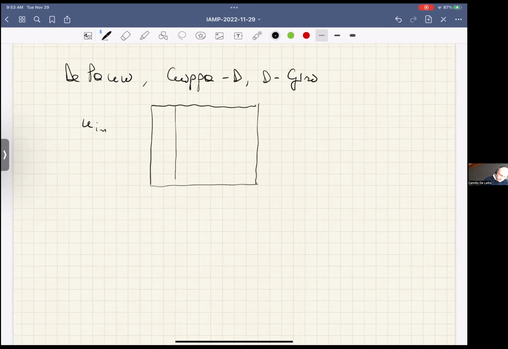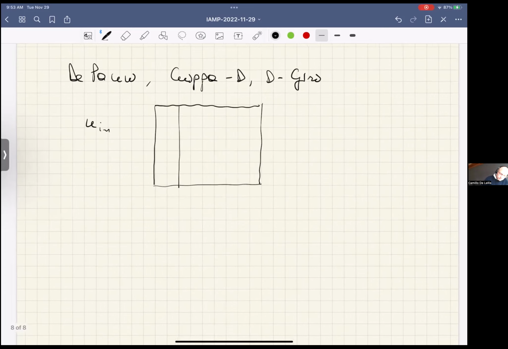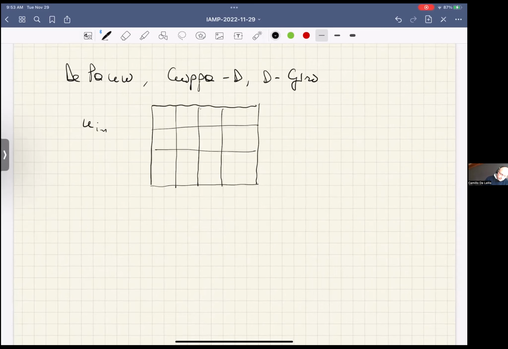So there is a checkerboard, and the initial data U3 is going to be 1 on the white squares, and it's going to be minus 1 on the black squares. So this is the initial data. Okay, it's not exactly Hölder as I promised you, right? I mean, it actually has jumps.